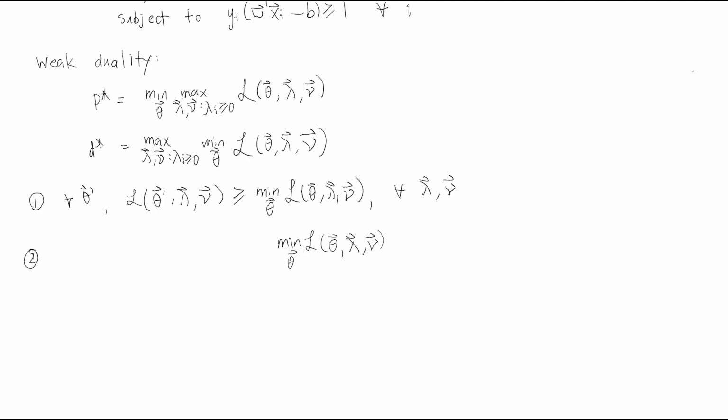Remember that originally L is a function of theta, lambda, and nu, but now after minimizing over theta, this function is now just a function of lambda and nu. So suppose lambda_0 and nu_0 maximizes this function of lambda and nu.